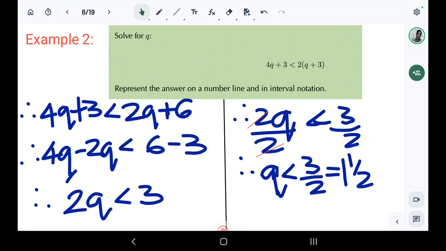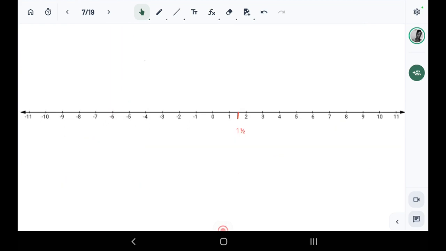Now, to represent that in interval notation, Q is less than 1.5. So that means we have 1.5 as a crux number. Q is less than, so it's to the left hand side of the number line, so we have a negative infinity on the left hand side.